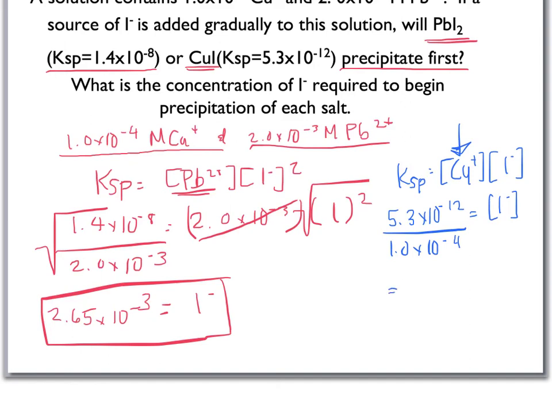So my iodide concentration is equal to 5.3 times 10 to the negative 8. I just have to double check that. Negative 12 minus negative 4 equals negative 8.